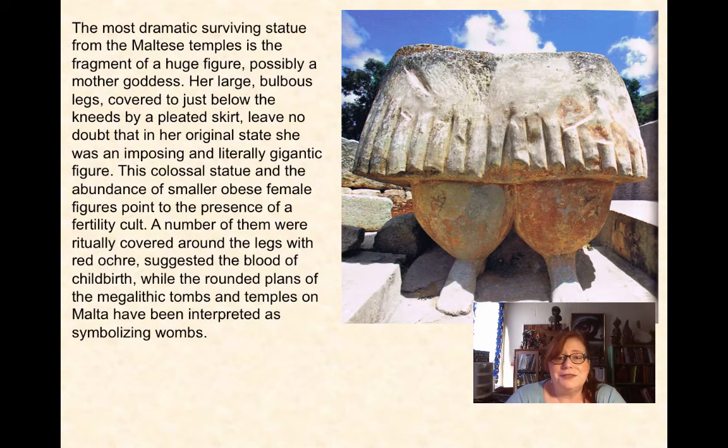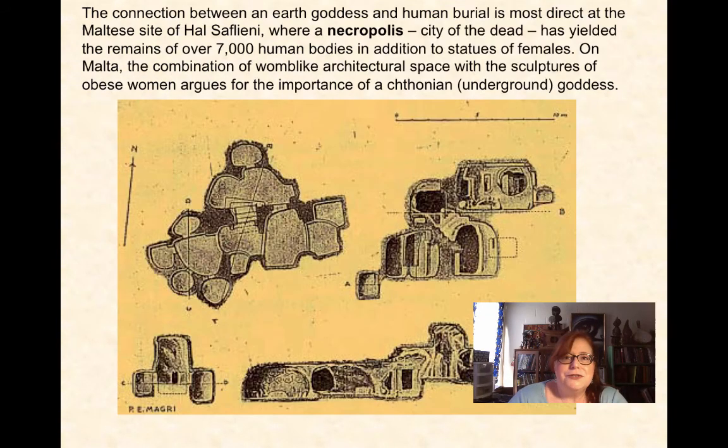And the abundance of smaller, obese figures show, again, like I said, it all goes back to fertility. And so a number of these were found covered around the legs with red ochre to suggest the blood of childbirth. And the rounded plans, as I said, of the temples and tombs might have been interpreted as symbolizing wombs. So it's kind of a womb to tomb idea.